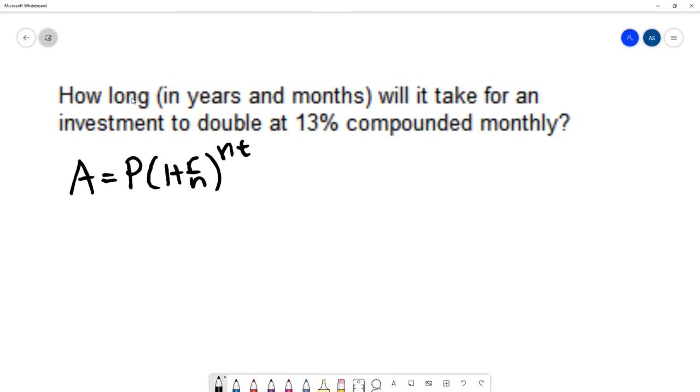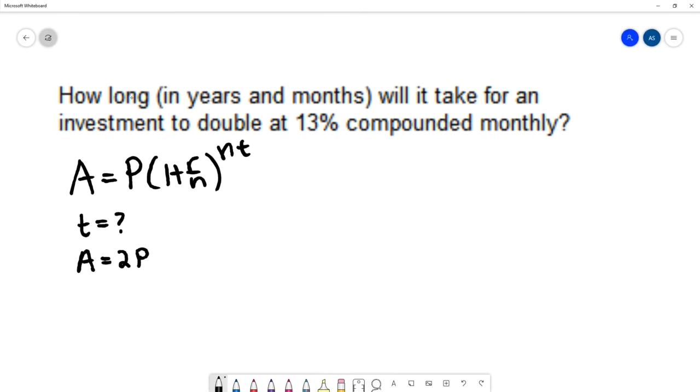We want to know how long, so time is our unknown. How long will it take for our investment to double? Doubling means that our ending amount will be double our starting amount. P is our principal, that's our starting amount, and A is our ending amount.